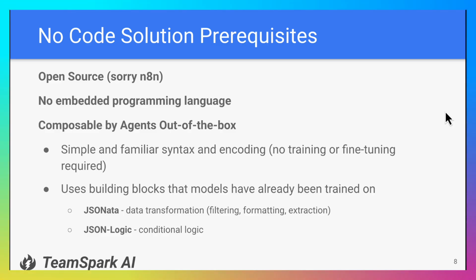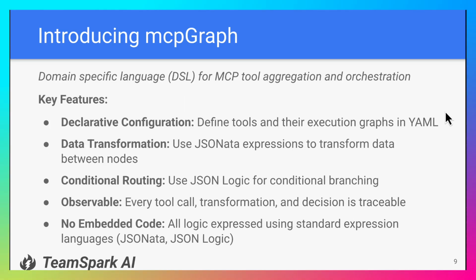It's been around for a long time, with lots of examples and training data on the public internet. And JSON Logic, a similar toolkit for conditional logic, has also been around for a long time, with lots of training data. All the models that I've tested know how to do both of these things out of the box without any special prompting.